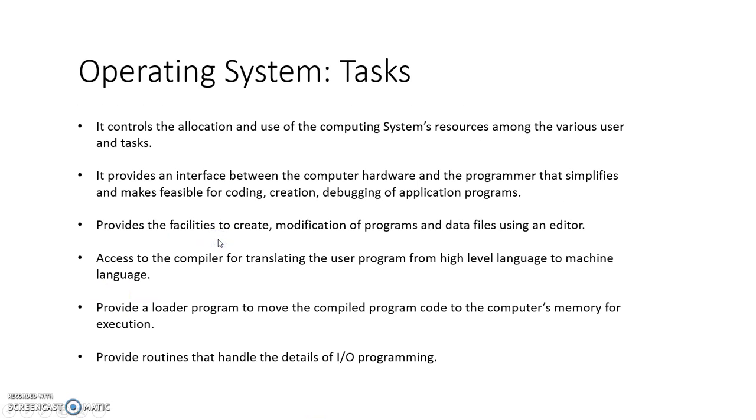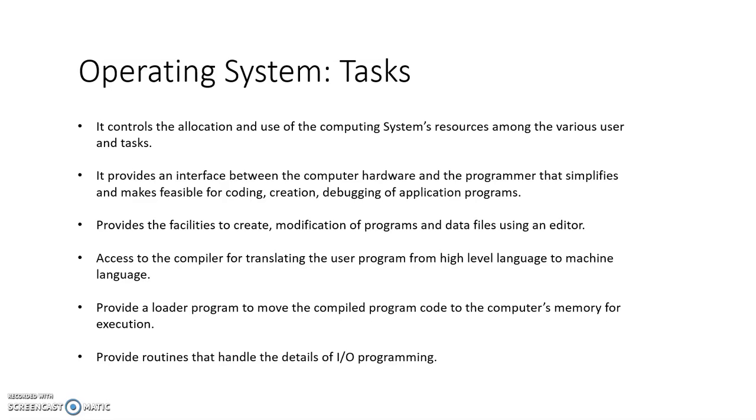So, moving on. Now, what are the tasks that the operating system actually controls? First of all, it controls the allocation and use of computer system resources among the various users and tasks. Like I said earlier on, it's supposed to control the resources like the RAM and the CPU usage, and distribute them accordingly so as not to overutilize some and underutilize the others, and make your computer efficient in terms of resource usage.